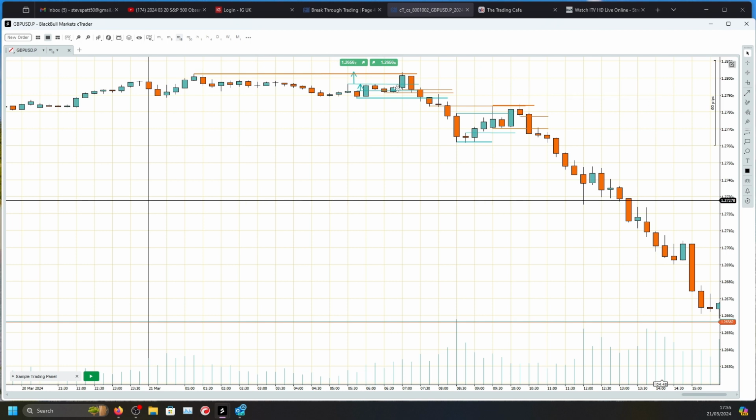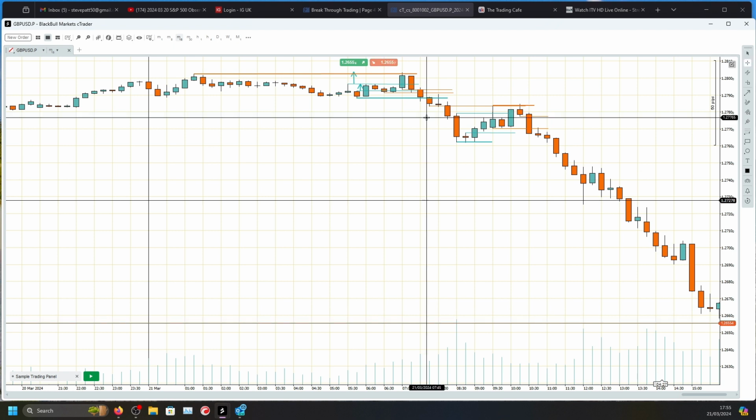see now price is breaking lower. Price is failing to make new highs, and it's making new lows. See, we've broken through the bottom of this candle and the bottom of these two candles and come falling down through here.